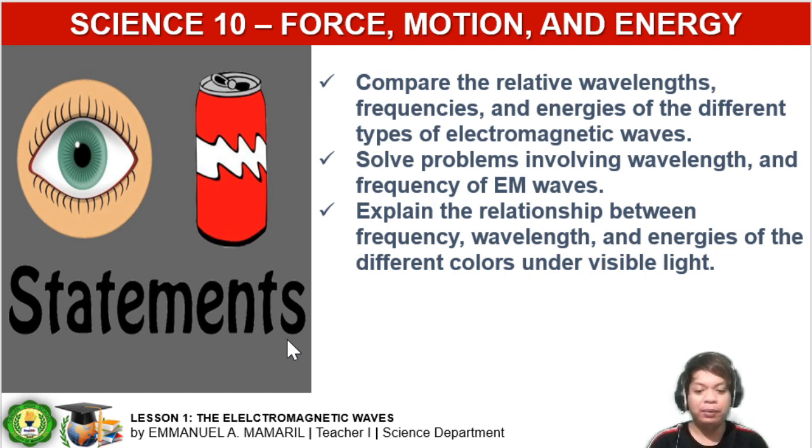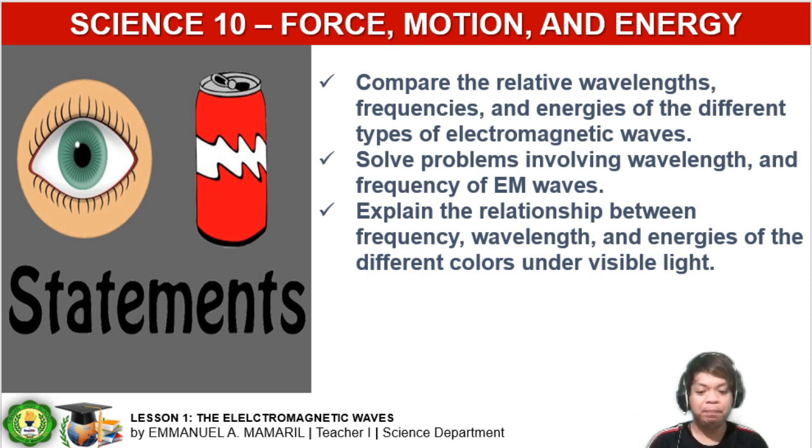Okay, for our second I can statement, I can solve problems involving wavelength and frequency of electromagnetic waves. So there is a little bit of mathematical thing here in this lesson, but basic mathematics lang to, kaya kayang-kaya nyo to. So we're gonna be computing for the wavelength, for the frequency, and actually for the speed din ng electromagnetic waves.